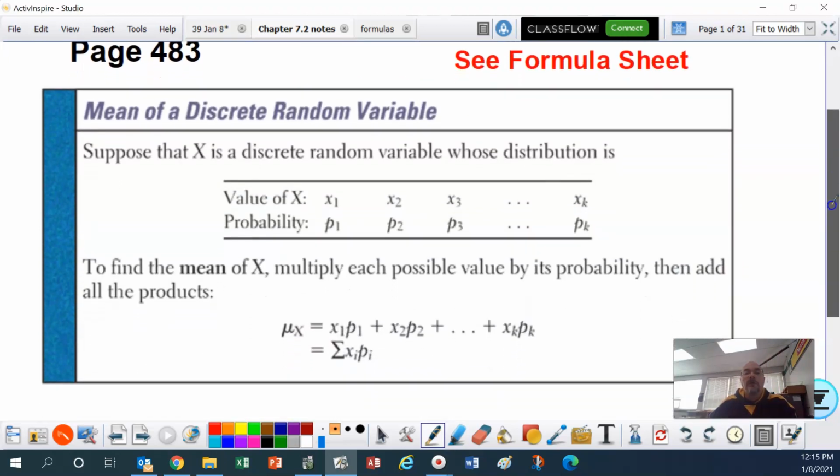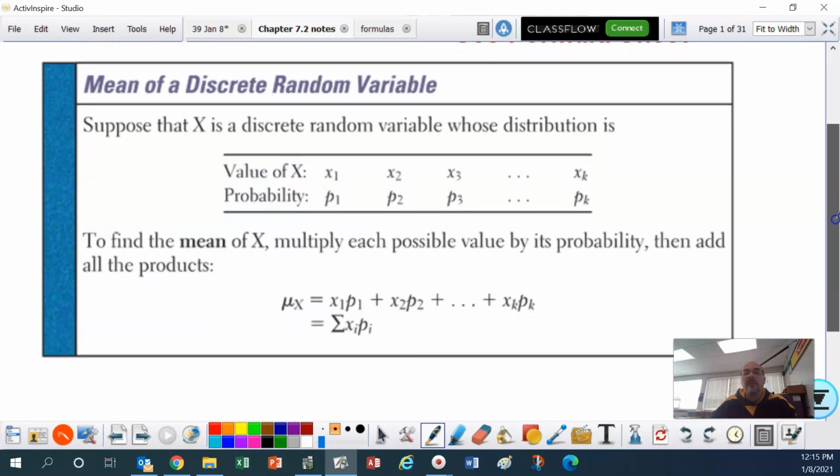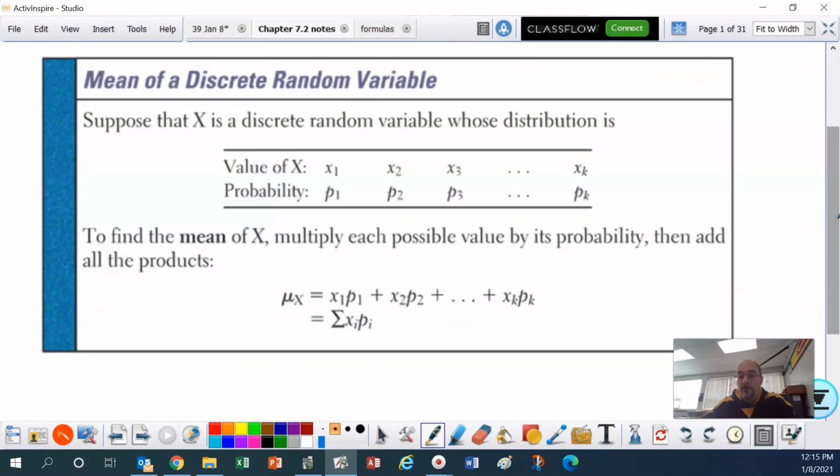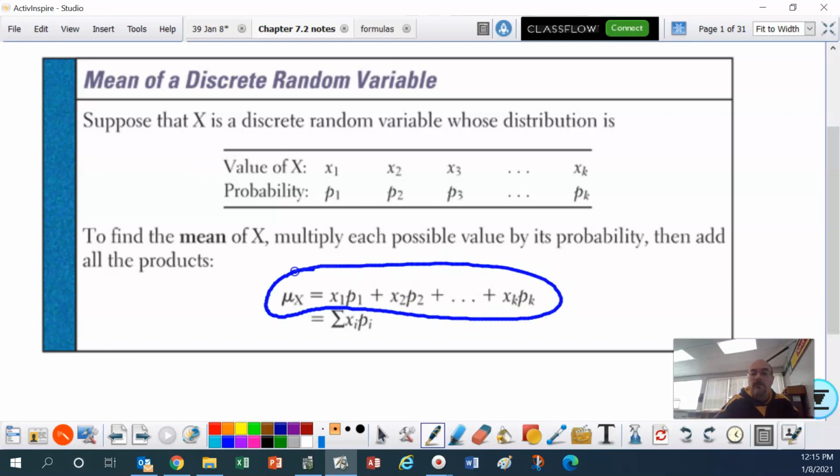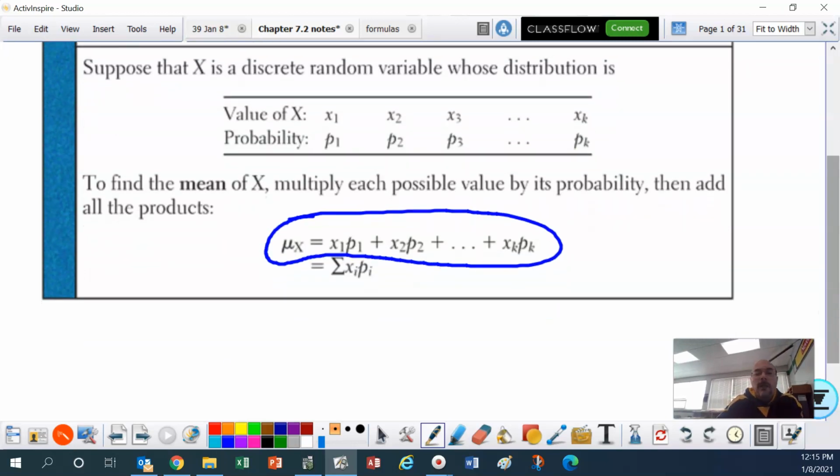So to find the mean of a discrete random variable, here is our probability distribution. It's just the general form. We've got the x values on top and the probabilities in the second row. What is this saying? It's telling us to take the first x value and multiply it by its probability.